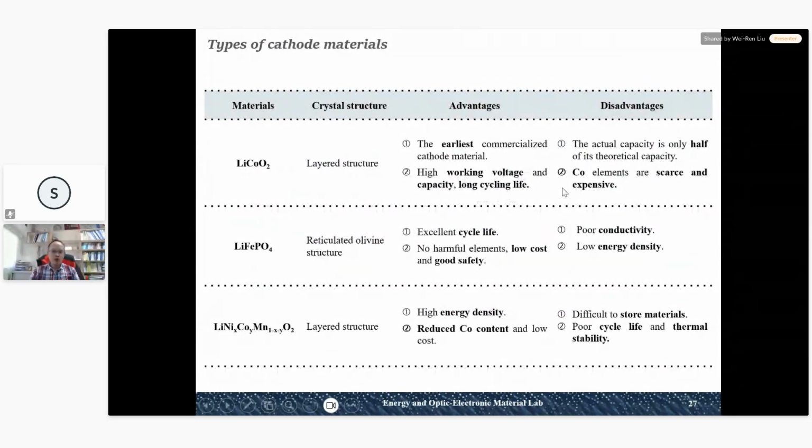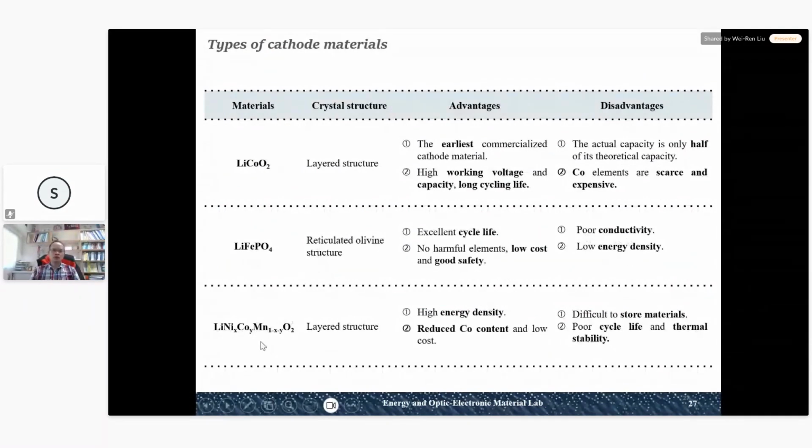However, because cobalt is very expensive, and the capacity is only one half of the theoretical capacity, because if lithium extraction goes beyond one half, the structure will collapse. And the second one is lithium iron phosphate. It's a very cheap and very safe cathode. However, it has poor conductivity and low energy density.